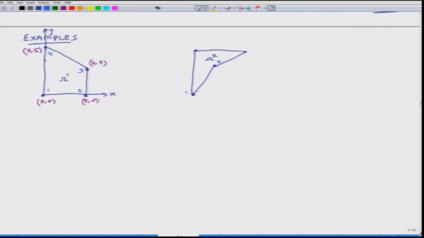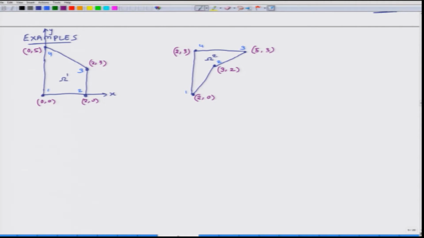So, this is node 1, 2, 3 and 4, and the coordinates are (2, 0), (3, 2), (5, 3) and (2, 3). So, what I will suggest is when you revise this, you actually make this element in actual dimensions with these coordinates, and you will see that the shape looks something like this. Okay. So, this is important to understand.